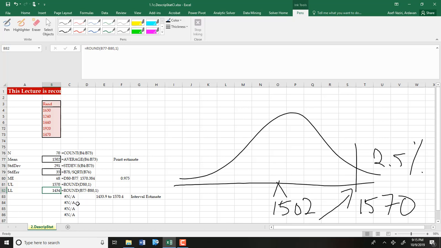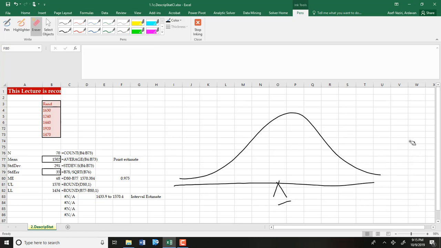Now suppose I want to compute not 95% but 90%. If I want to compute a 90% interval, then this one would not be 2.5% because 90% is here, 10% is for the other two sides, 5% goes here and 5% goes here.